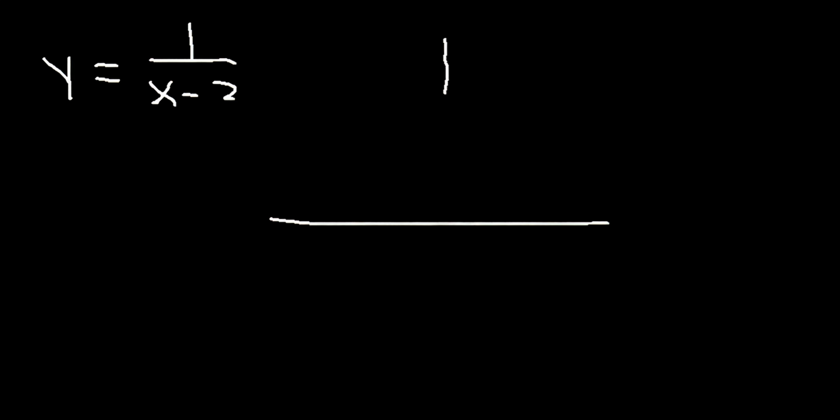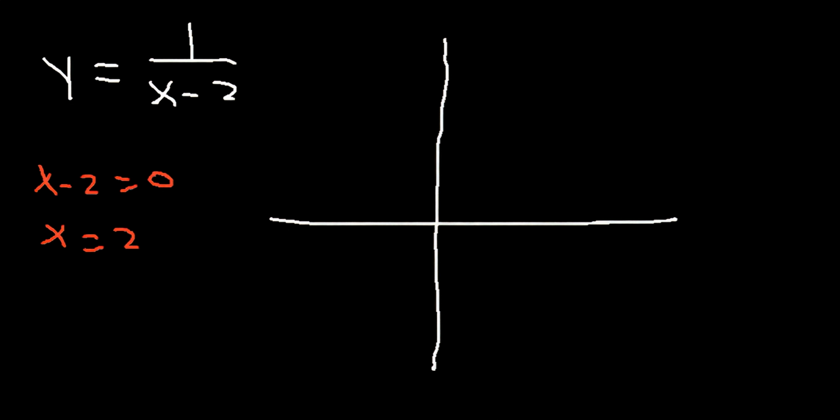So let's try some problems. Let's say we wish to graph 1 over x minus 2. So we have the general shape, but you want to plot the vertical asymptote. The vertical asymptote is when the denominator is equal to 0. So if you set the bottom equal to 0, you get x equals 2. That's the VA, the vertical asymptote.